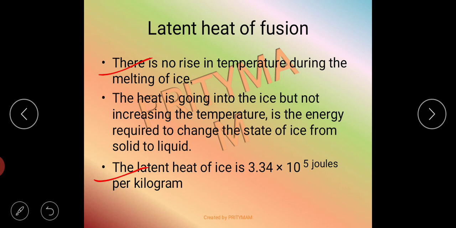But when all the ice has melted and formed water, on further heating we can see that there is a change in the temperature because the kinetic energy of the water particles increases, due to which the temperature of the water starts rising.